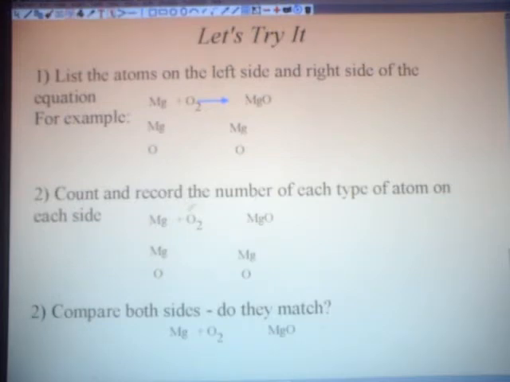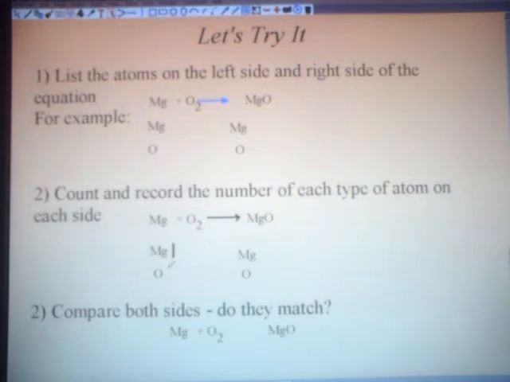Now I'm going to count and record the number of each atom on each side. How many atoms of magnesium do I have on the left side of the equation? Excellent. I have 1 magnesium on the left side of the equation. How many oxygen do I have on the left side of the equation? Excellent.